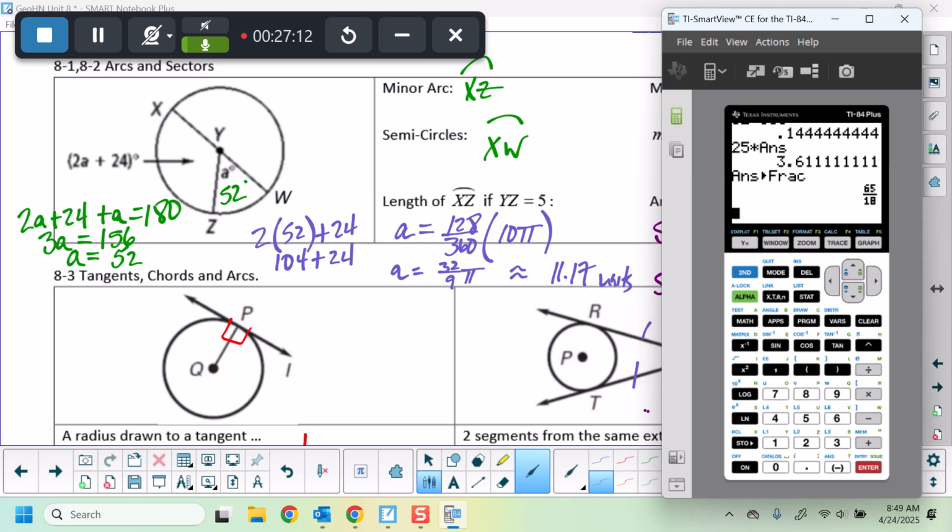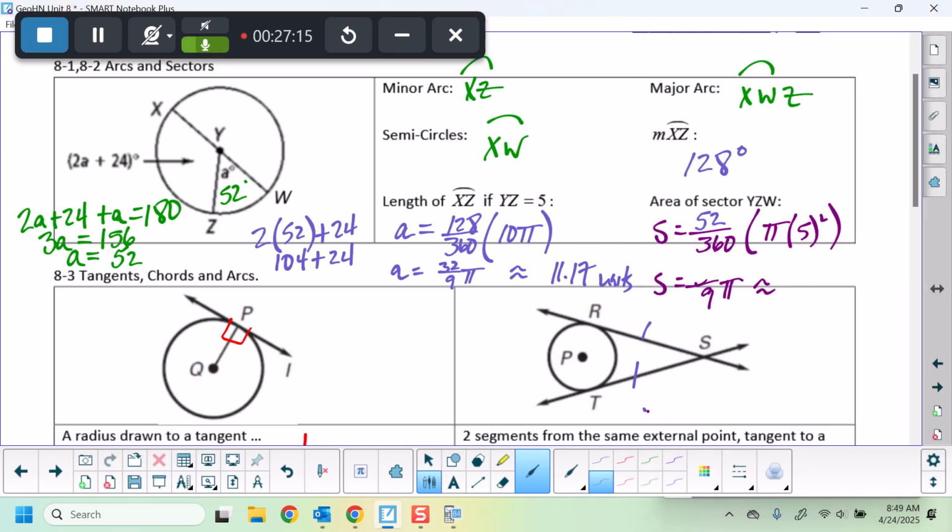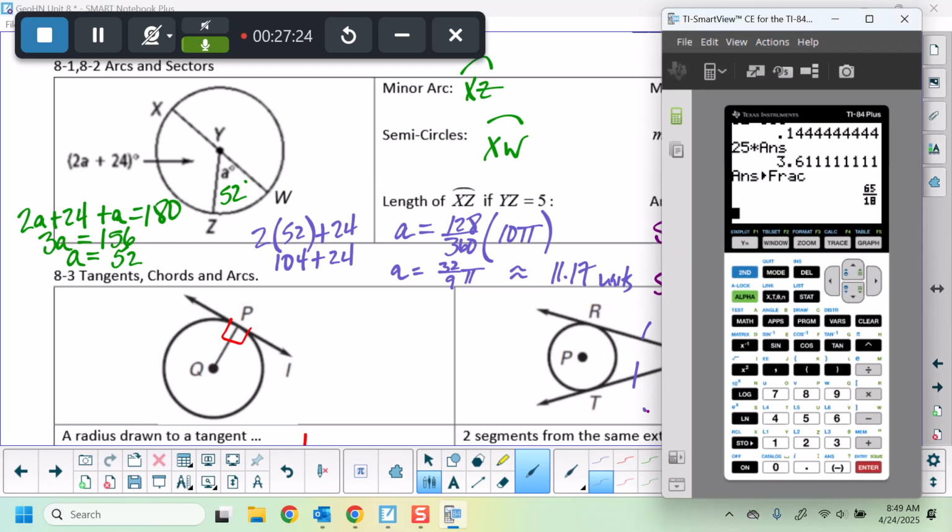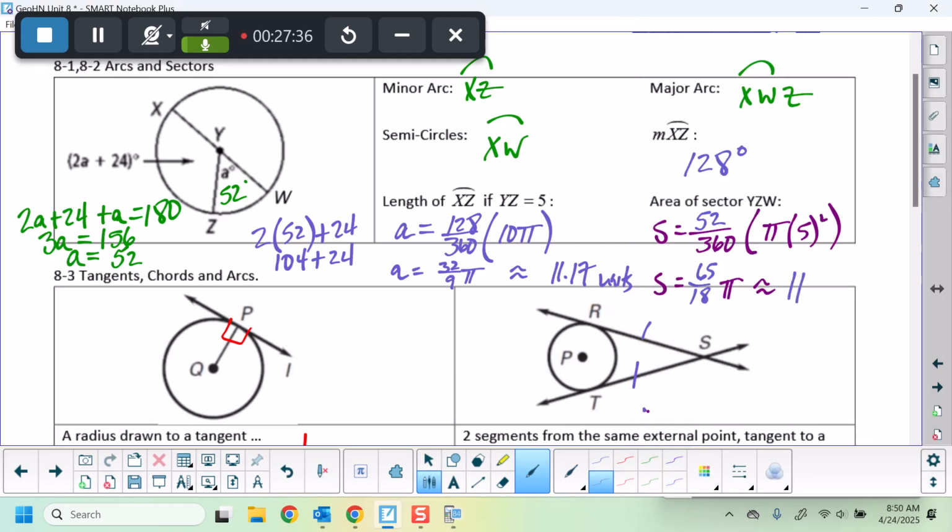Does that sound right? All right. So we end up with 65/18 pi, and that times pi is going to give me 11.34, and that's units squared.